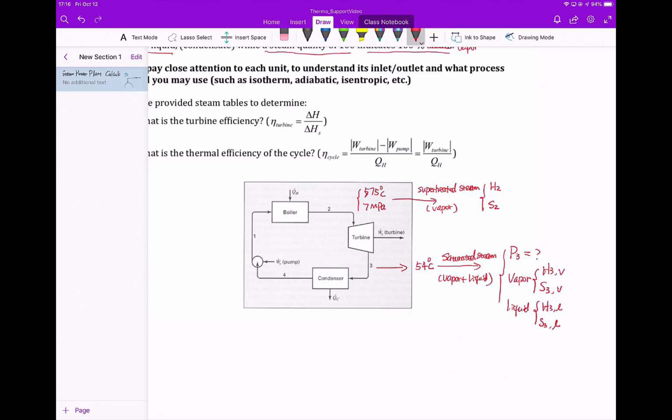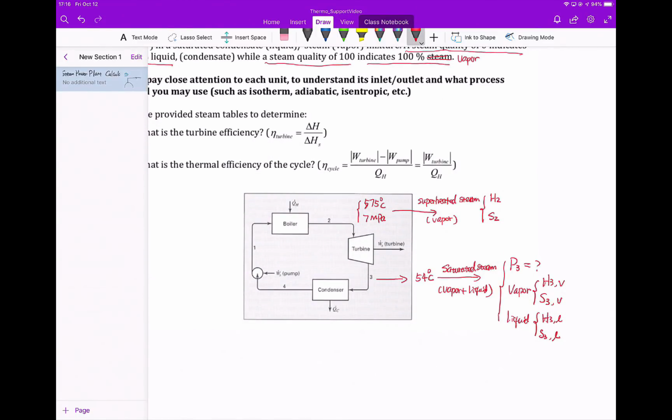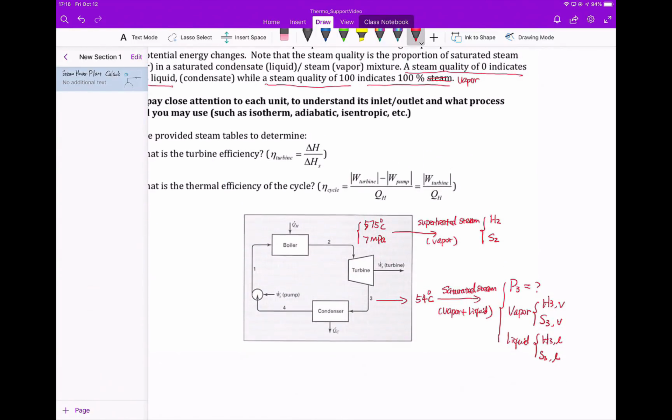Okay, but I don't know their ratio. Actually, I know their ratio is provided: 0.96 vapor, 4% liquid.